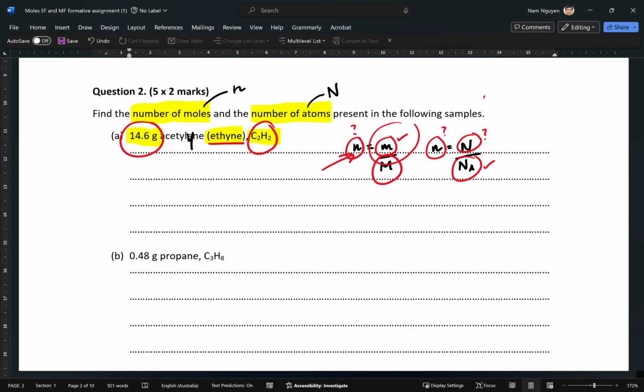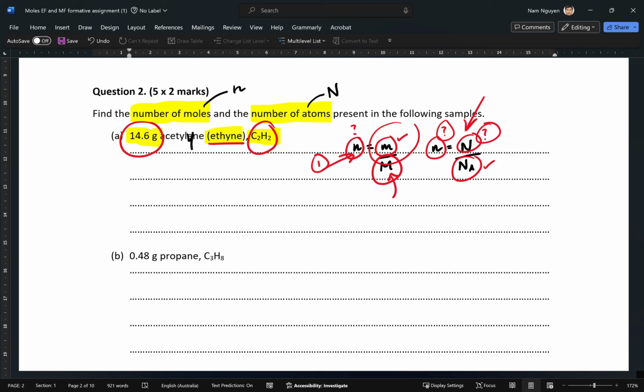We can't start here yet because we don't know the number of moles and we don't know the number of atoms either. So that's not enough information to determine the number of atoms, so we're going to do that after we can figure out the number of moles. So we'll do this first. Okay, so because we can calculate the molar mass of ethyne, that's going to give us the first answer.